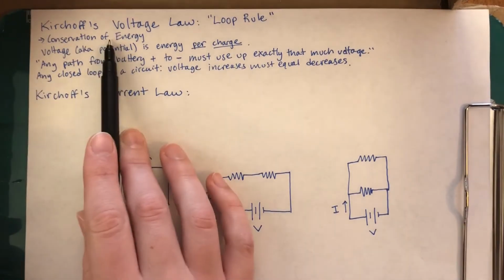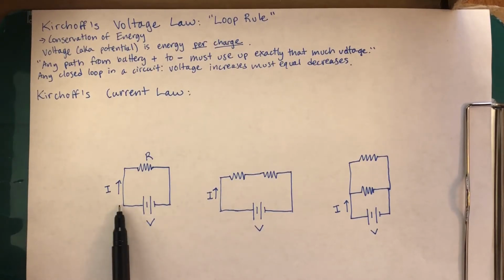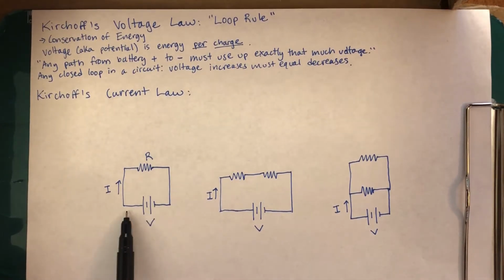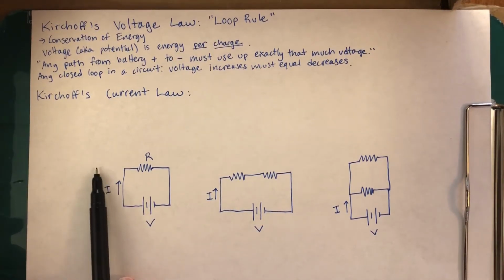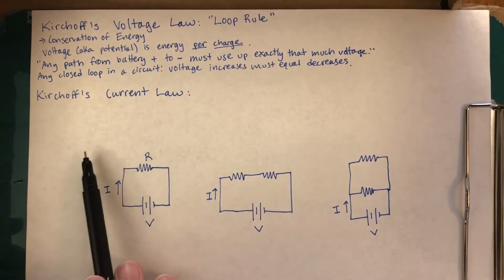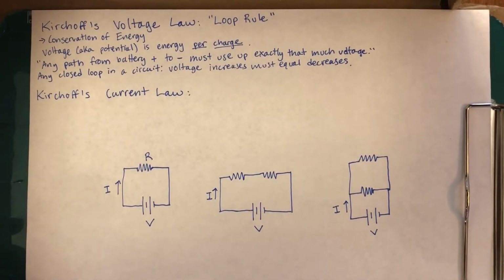So the voltage law, or the loop rule, says that however much potential we gain, whatever the potential difference is between the negative and the positive side of that battery, I know this is the positive side because it has the longer line, that much potential needs to be lost as we go through the resistor. That energy gets used up, essentially. And what it turns into, we know that energy can't be destroyed. What that energy turns into is, if it's just a plain resistor, usually heat.